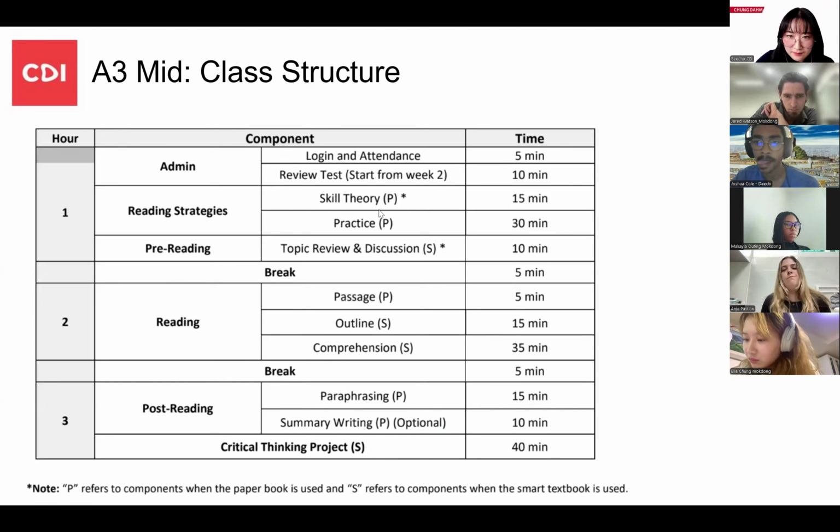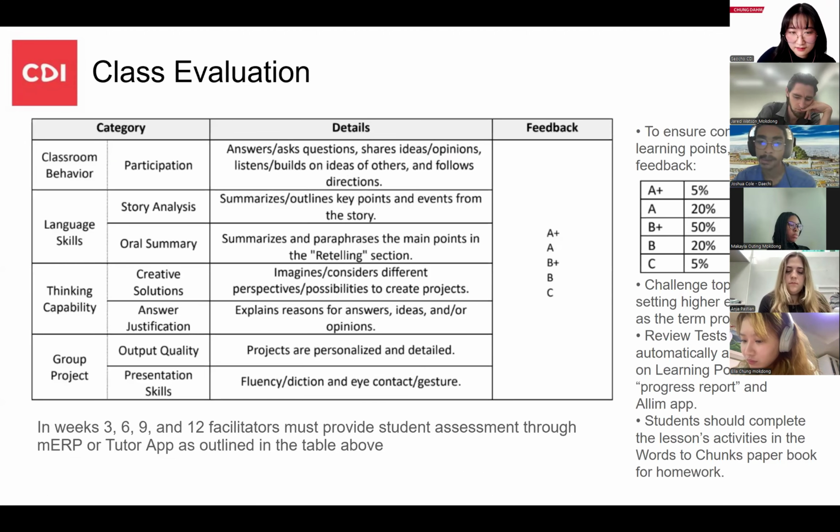So I'll talk about later how you can sort of implement both of them into your class. Okay, and again, the class evaluation is the same. You need to input grades weeks 3, 6, 9, and 12. So please make sure that you're taking notes on your students' academic progress and grading them accordingly.